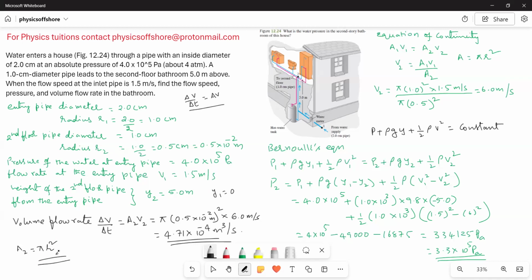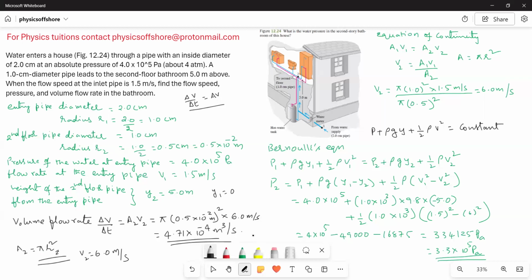So pi R2 square, and V2 is equal to 6 meters per second, which I just found out. So using this, volume flow rate can be found out. Delta V by delta T is equal to A2 V2. Plugging in the values, we get the answer as 4.7 times 10 to the power of minus 4 cubic meters per second.